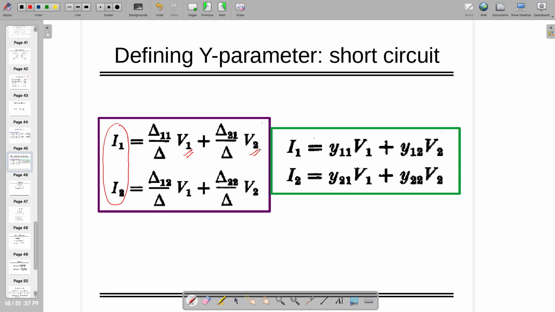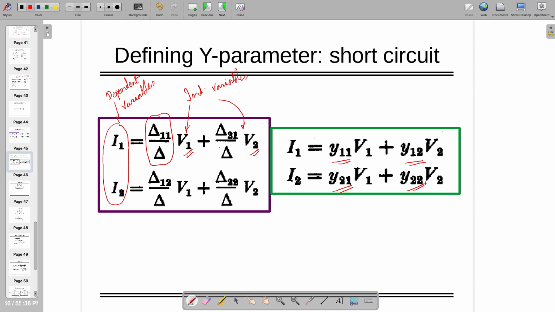For the same network, you can have this Y parameter, where these two currents are the dependent variables, and V1 and V2 are independent variables. And whatever quantity is coming here, you can redefine them as Y11, Y12, Y21 and Y22.